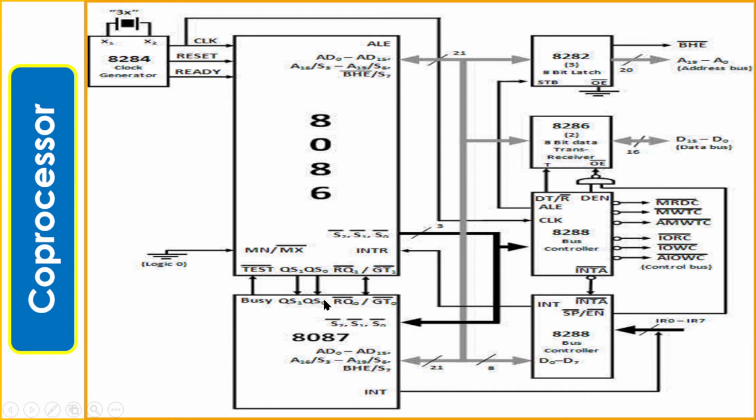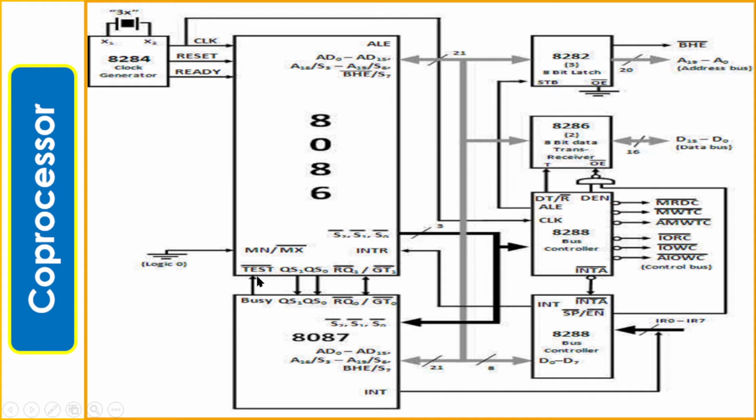Whenever the Q status states that it is idle, the processor is not doing any instruction at all, then the 87 will take control over the bus. It will copy the instructions from memory through the address and data buses, and it will decode and execute. By that time it will enable the busy signal here as an intimation to the 86. So 86 will receive the test signal.